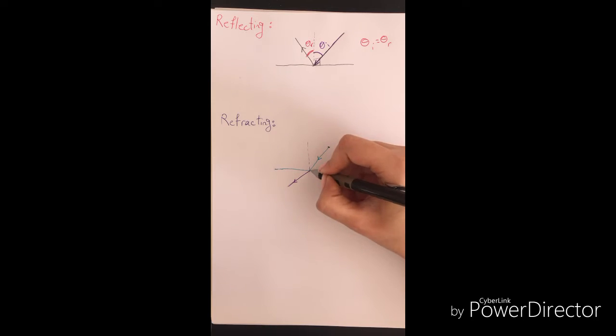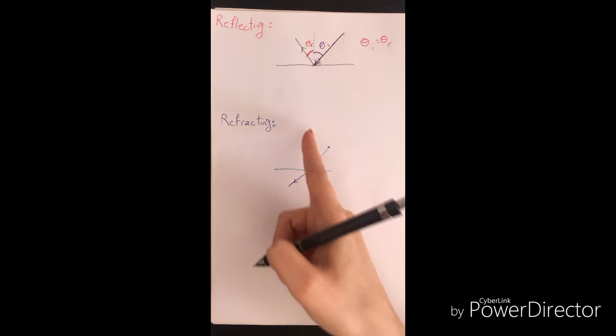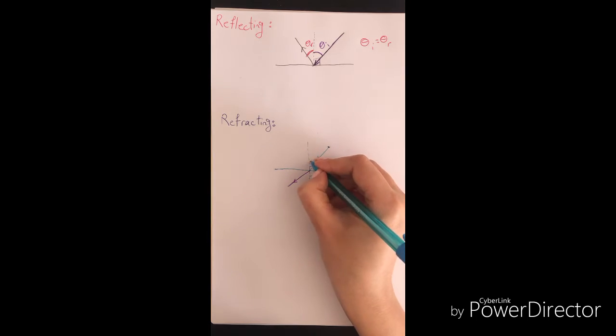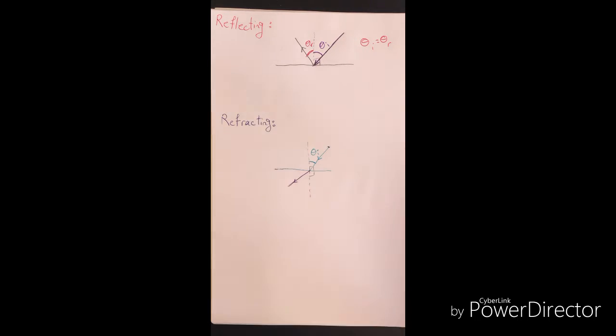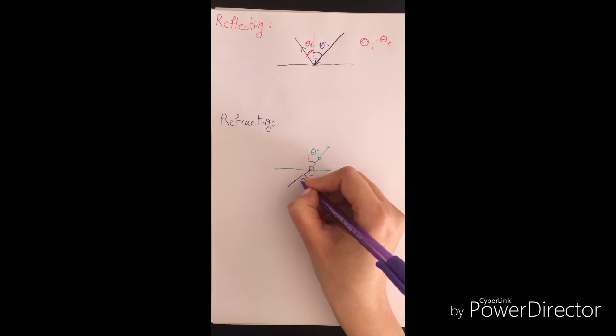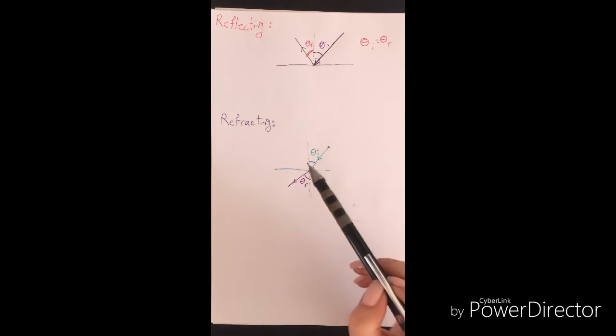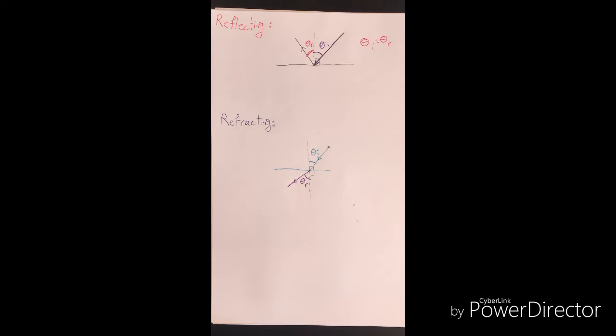So the initial angle here is this angle, and the refracting angle is this angle. These two angles are not equal. For reflecting, the initial angle and reflecting angle are equal, but for refracting, the initial angle and refracting angle are not equal to each other.